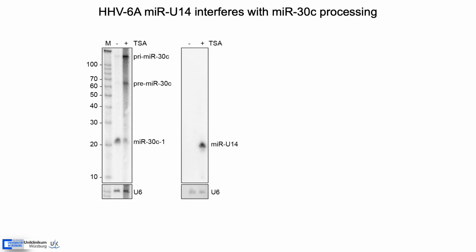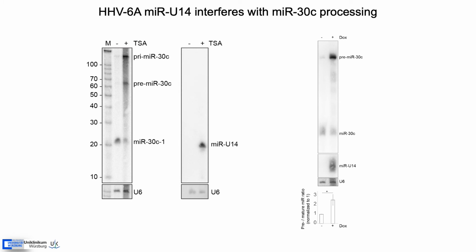Like I showed you before, HHV-6 reactivation induced microRNA 30c processing defects. Going ahead, we found that this might be because of a viral microRNA called microRNA U14. To prove this, we created an inducible cell line where microRNA U14 was expressed in the absence of any other viral components.